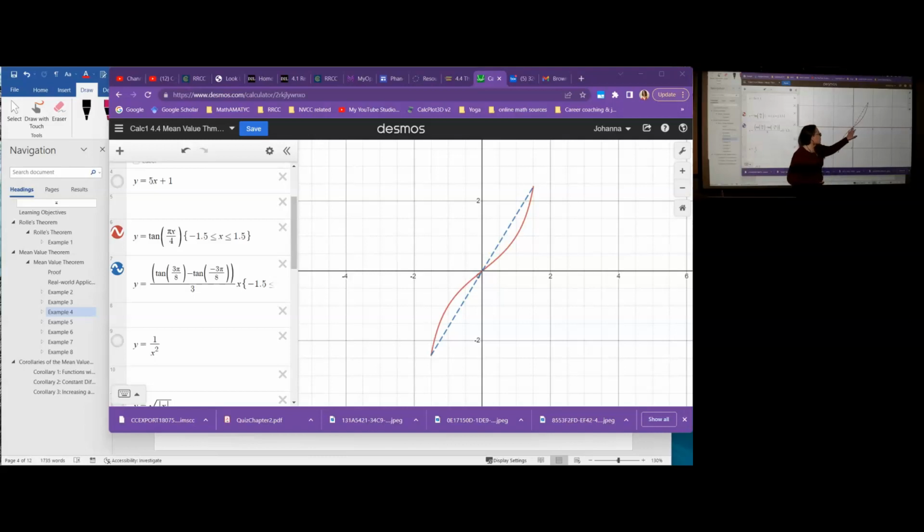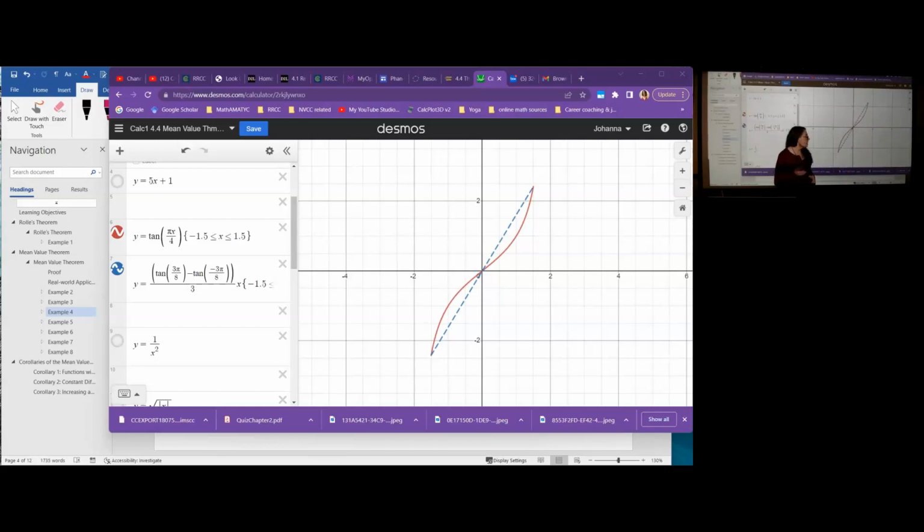When we look at the graph, notice that it's only being graphed between negative 1.5 and 1.5. Notice that the secant line connects the two. All I'm expecting students to do is graph the tangent over the closed interval and hand draw a secant line.